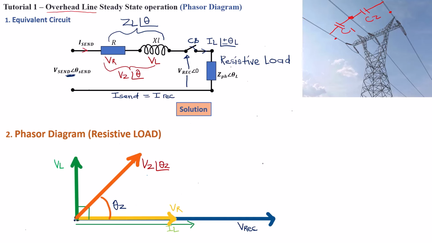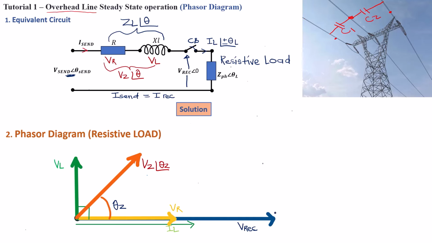How do we then draw the V sending? Since V sending, according to Kirchhoff's voltage law, is going to be VZ plus V receiving, we need to project the VZ.